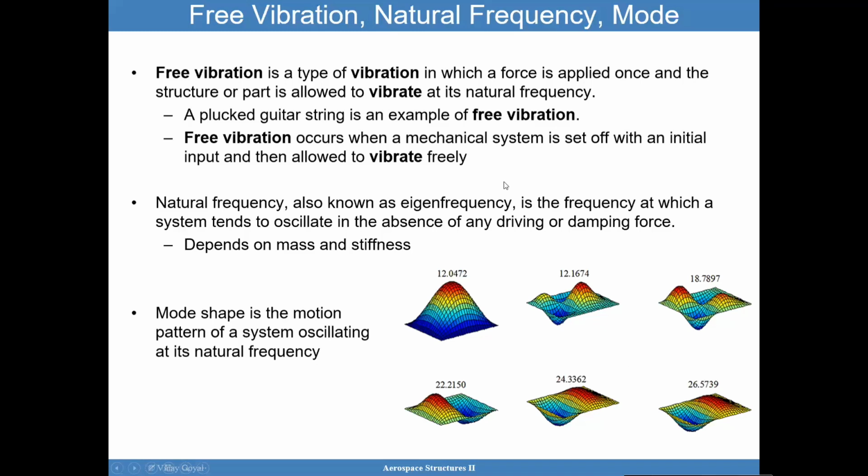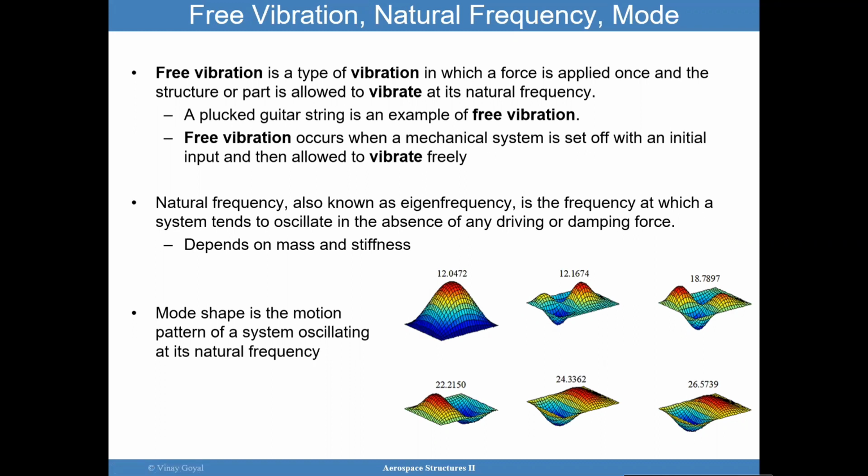And so when we say 12 hertz as an example, this plate, its fundamental frequency in this example, if I were to set it in motion, it will likely vibrate at 12 cycles per second.